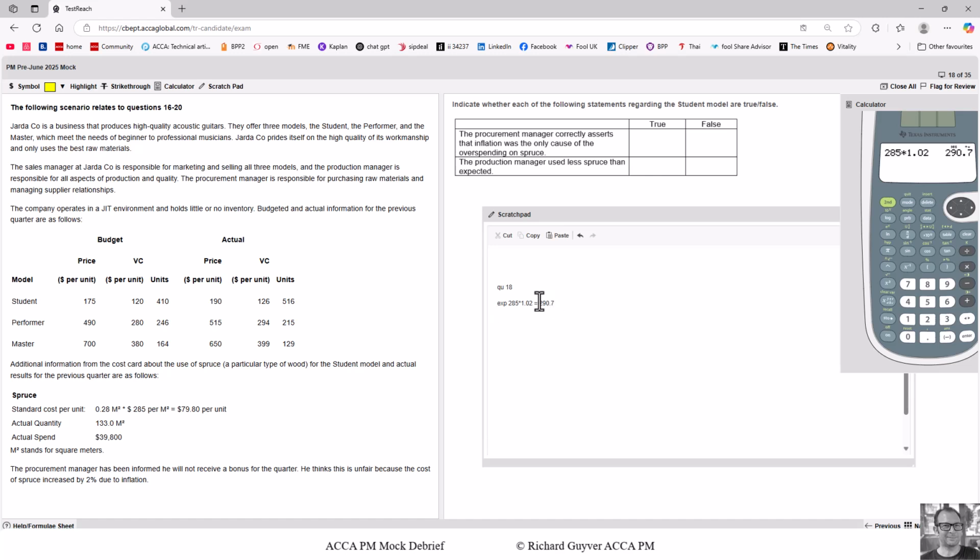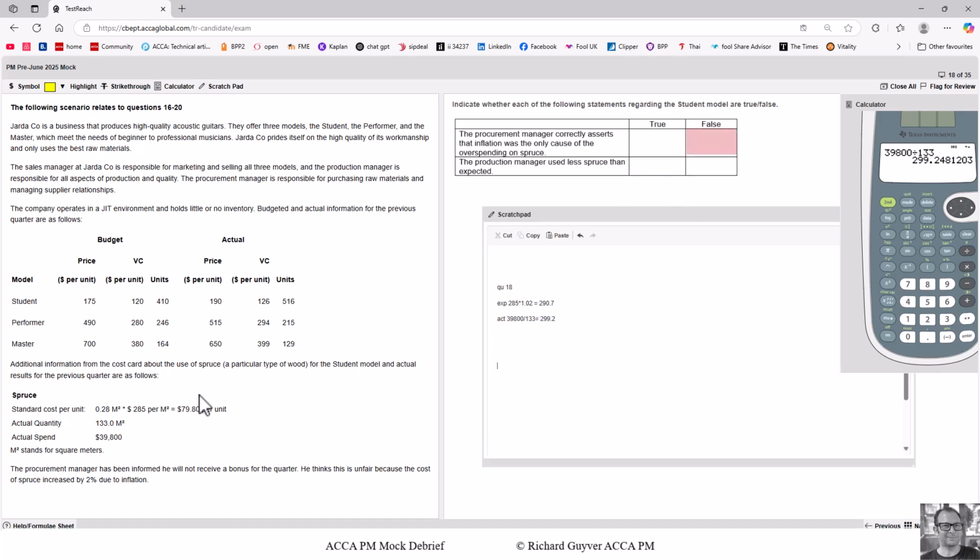That's a planning variance we've just done there. We've adjusted the standard to take into account this 2% inflation. It's not called that, but that's in essence what we've done. And the actual, they spent 39,800 on 133 square meters. 8299. So this is false. They've spent more than expected.